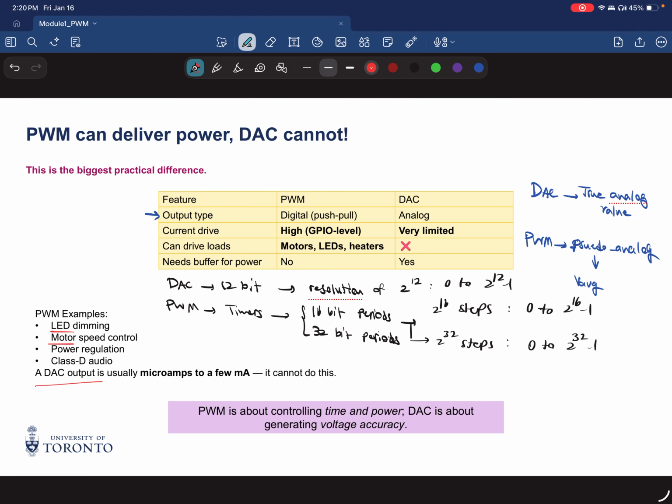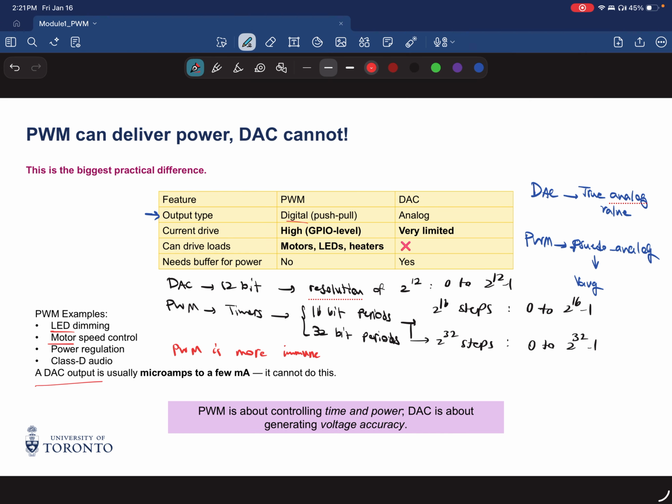The other thing is that since PWM is actually a digital output, not an analog one, it's more immune to noise, because you know that it should be 0 or 1.